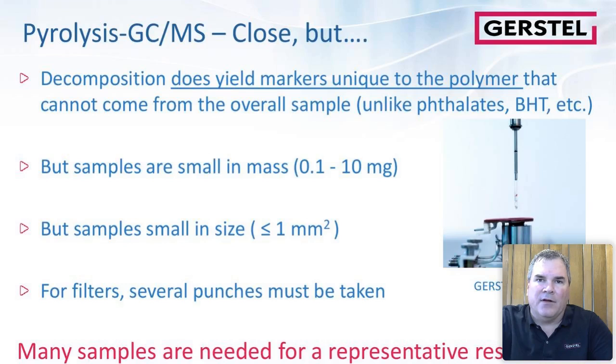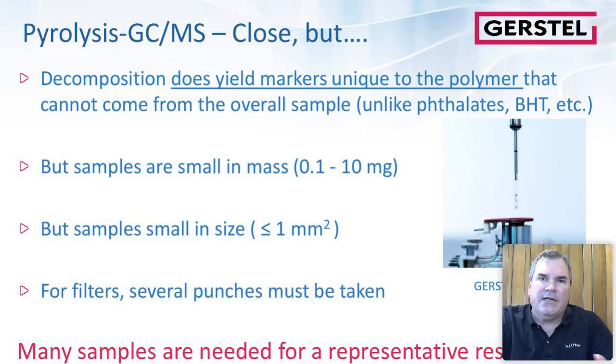The problem with pyrolysis is that when you pyrolyze that sample, nearly all of it is going to wind up going on the GC column. So ask yourself if you would be comfortable putting a microgram of pure solid into a GCMS. It's an instrument that's used to looking at things in the nanogram, femtogram range. It's very easy to overload a GCMS, and thus the sample sizes for pyrolysis are very small.